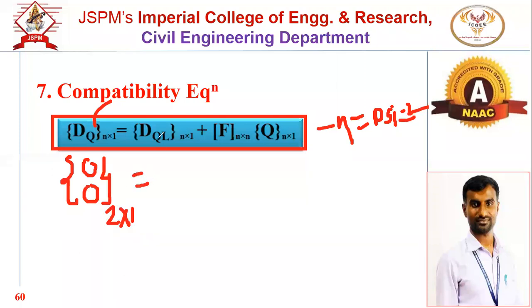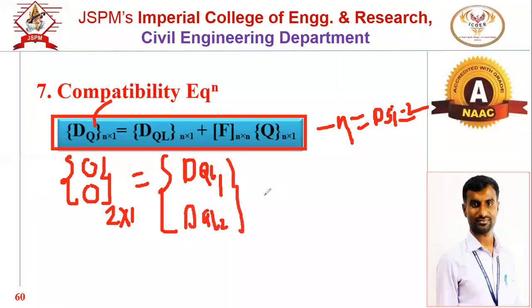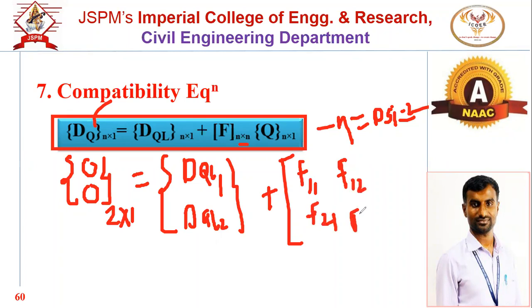Is equal to. Now again, this DQL matrix will have two elements as it is a column matrix, DQL1, DQL2, plus the flexibility matrix. It is always a square matrix of order n by n. N is what? 2. 2 by 2 matrix, square matrix. So it will have 4 elements F11, F12, F21 and F22.